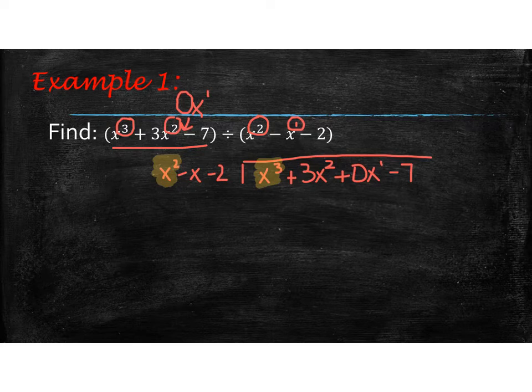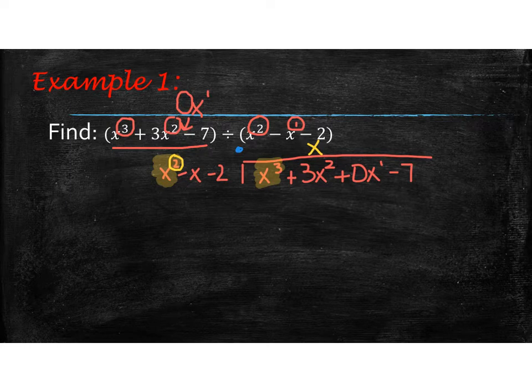And so that's how many times x squared goes into x to the third. Well, you're always going to put it above the term that matches this exponent. So we're going to put the x up here. Again, that's because x squared times x would give you that x to the third.